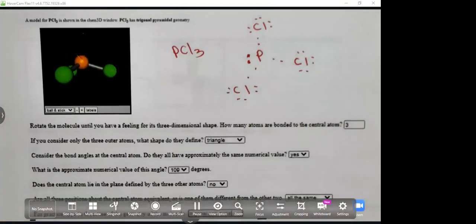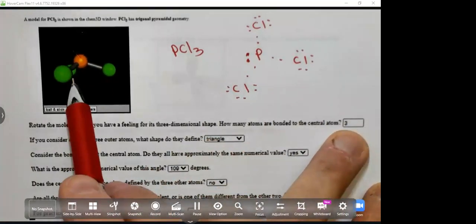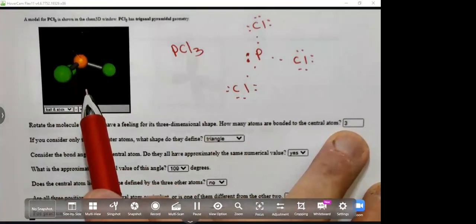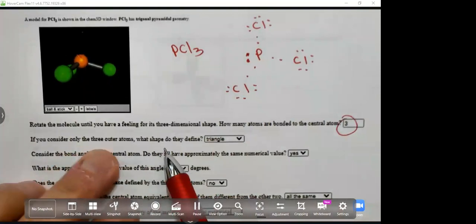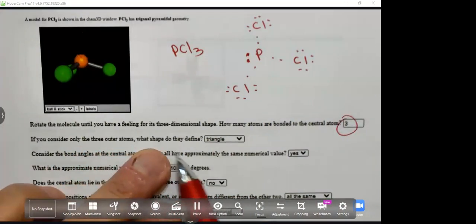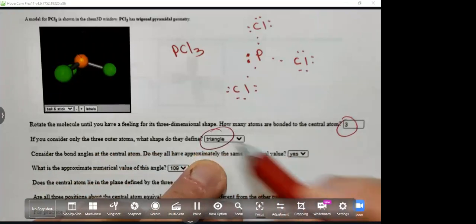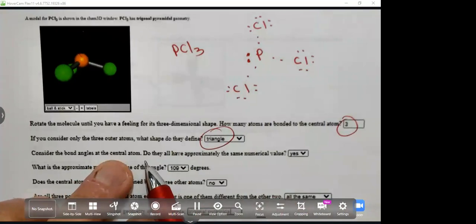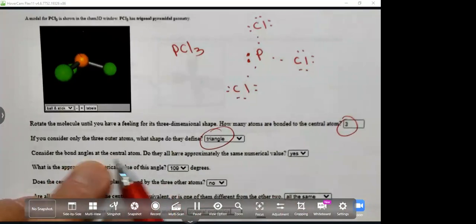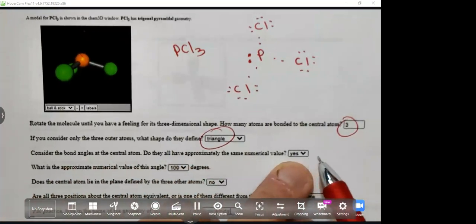Then, how many are bonded? How many atoms are bonded to the central atom? 3 in the green, right? 3. If you consider only the 3 outer atoms, what shape do they define? Triangle. Consider the bond angles on the central atom. Do they all have approximately the same numerical value?